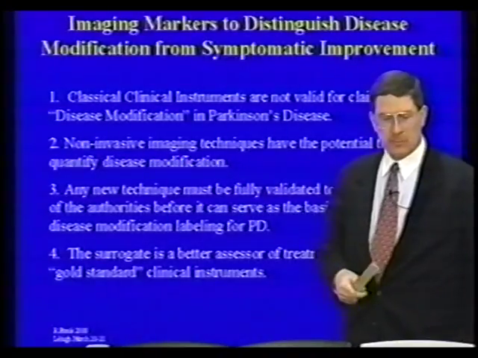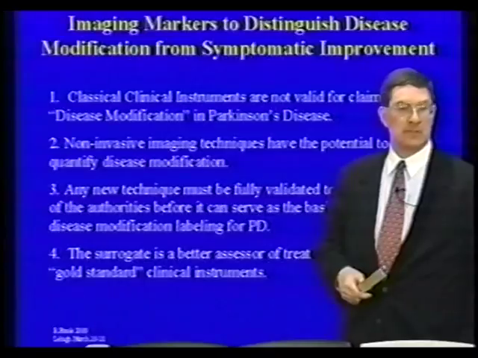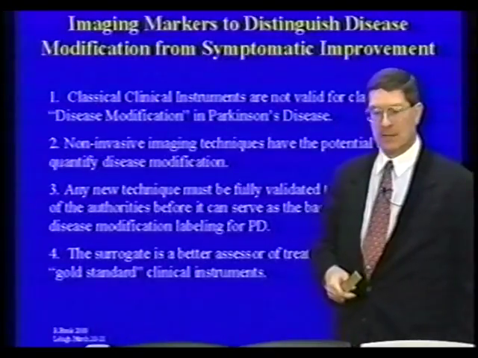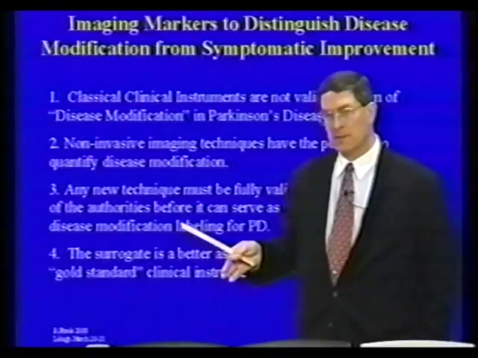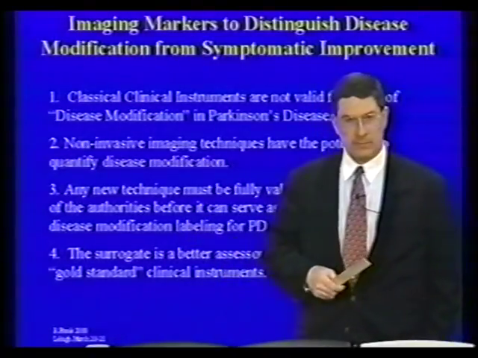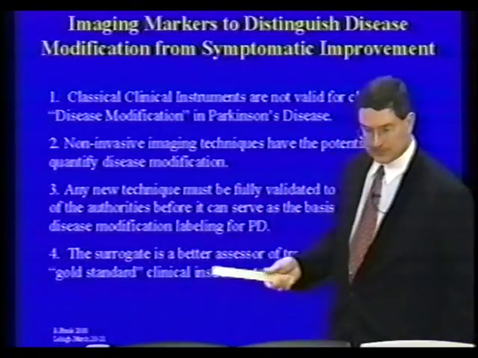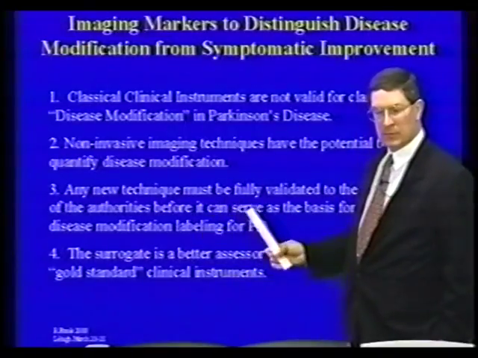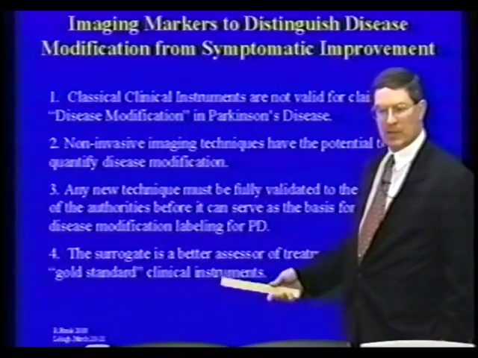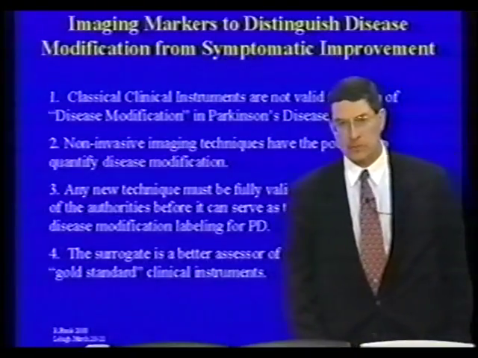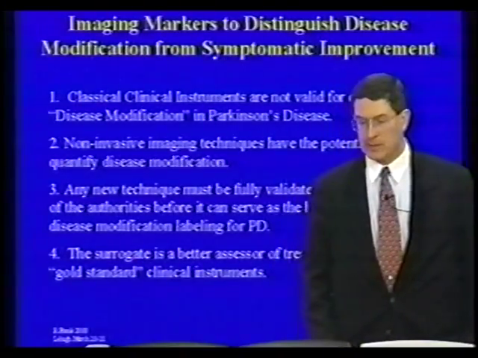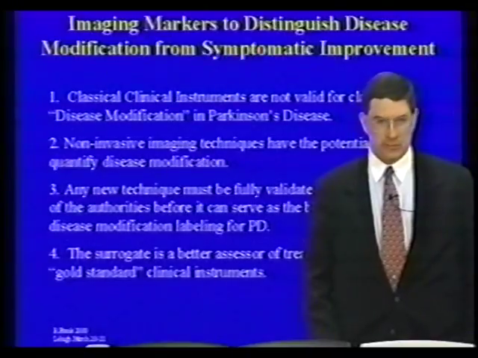I won't mention them in particular, but in fact mistakes can be made if we try to rely on, for example, the duration of the improvement in symptoms relative to the plasma profile of the drug. And so I would emphasize once again the validation is quite important, but finally the PET marker may well be superior to classical clinical endpoints because they get at the mechanism of action of the drug.